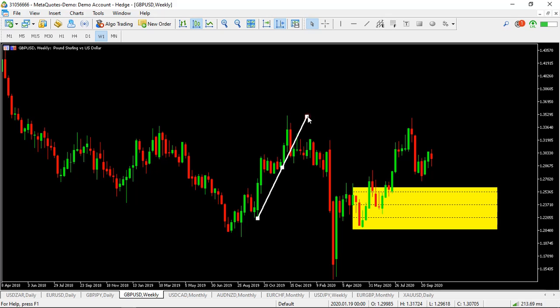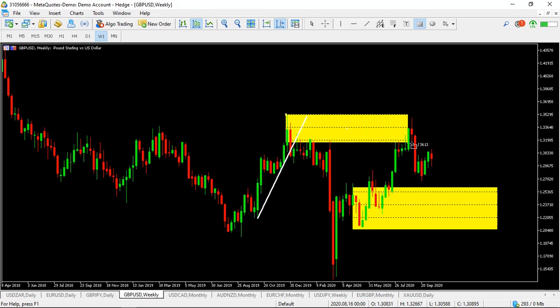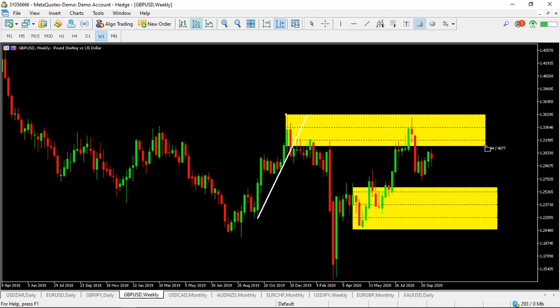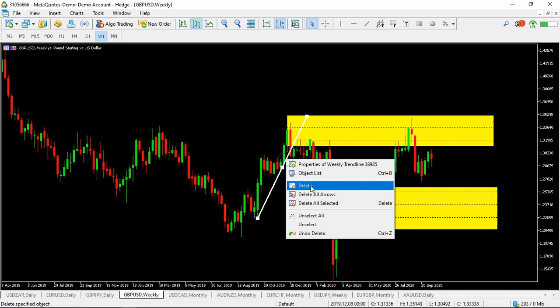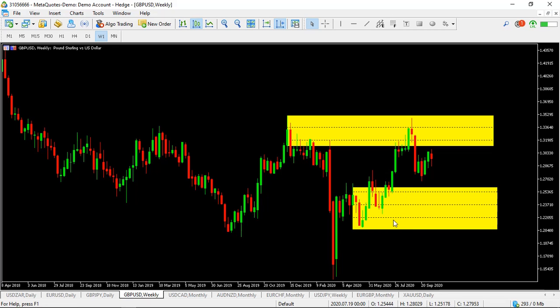Remember I told you that every time a trend line is broken, a supply is created. Not that a supply is always created, but a level of supply or a level of demand is created, depending on where you are on your chart. So this is what we have. This is my monthly.